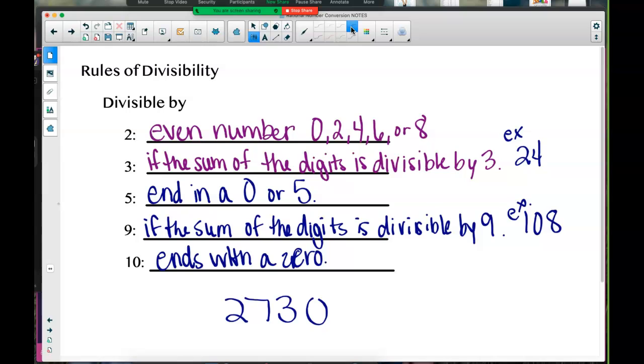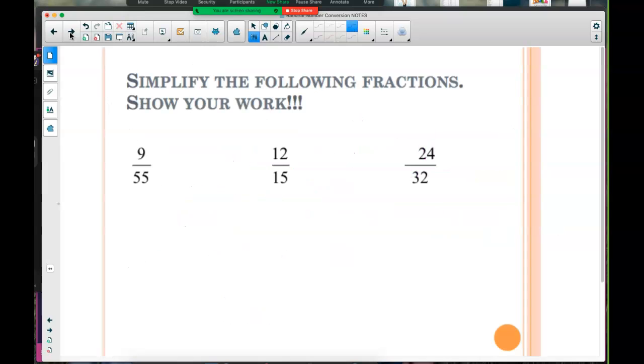Okay, so this helps us when we're simplifying fractions. If I'm going to take a fraction like, put this example in your notes, 9 over 55, and I want to simplify it, we have to find a number that we can divide both 9 and 55 by. Can you think of any?